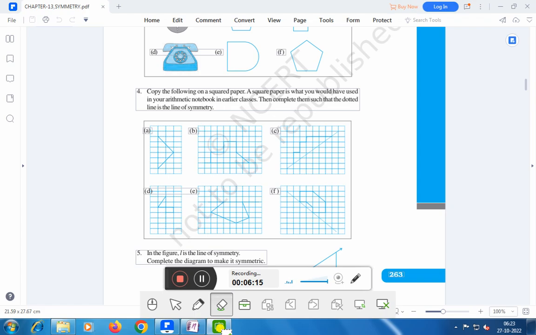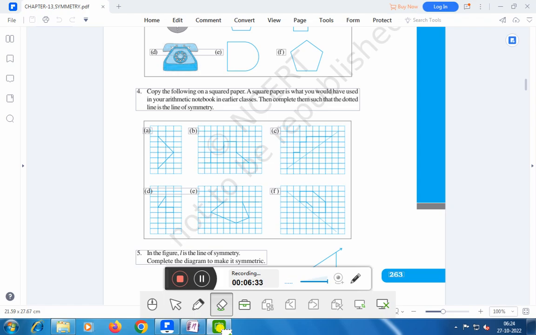A square paper is what you would have used in your arithmetic notebook in earlier classes. Then complete them such that the dotted line is the line of symmetry.